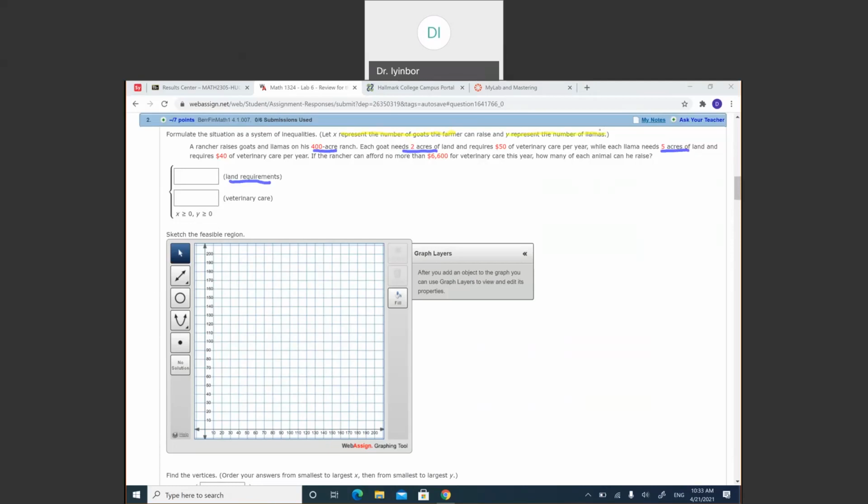So that's what you're using. The first inequality is going to be 2x, because the goats are X, plus 5 acres for Y, has to be less than or equal to 400, because this is the land they have. The rancher doesn't have more than 400 acres.